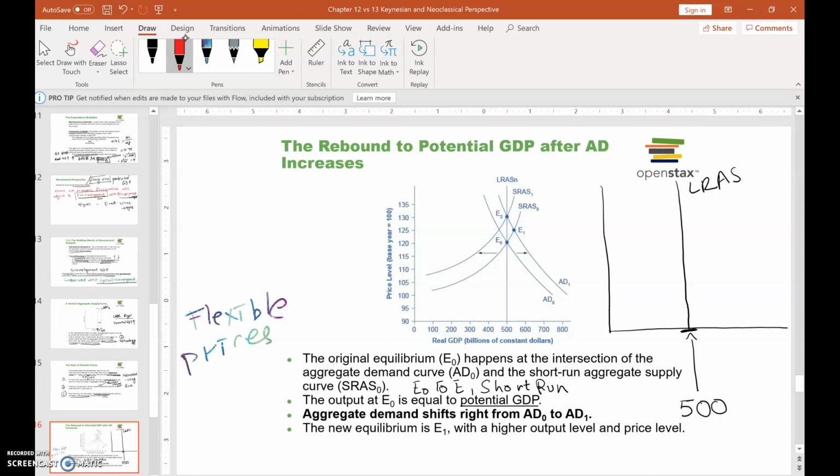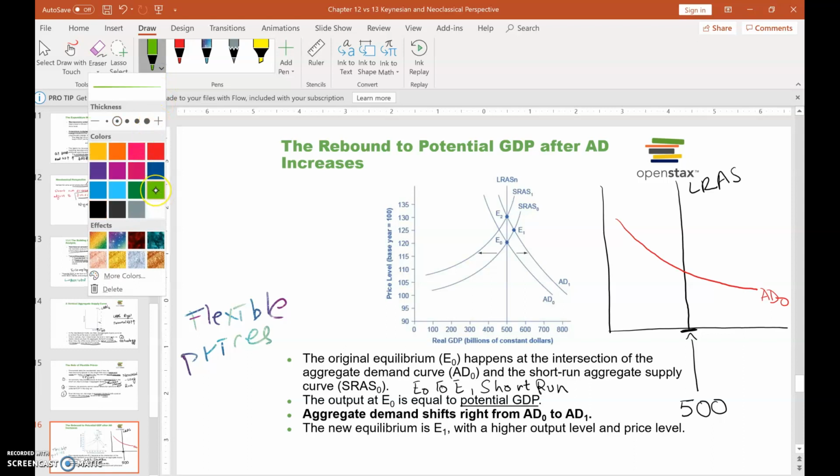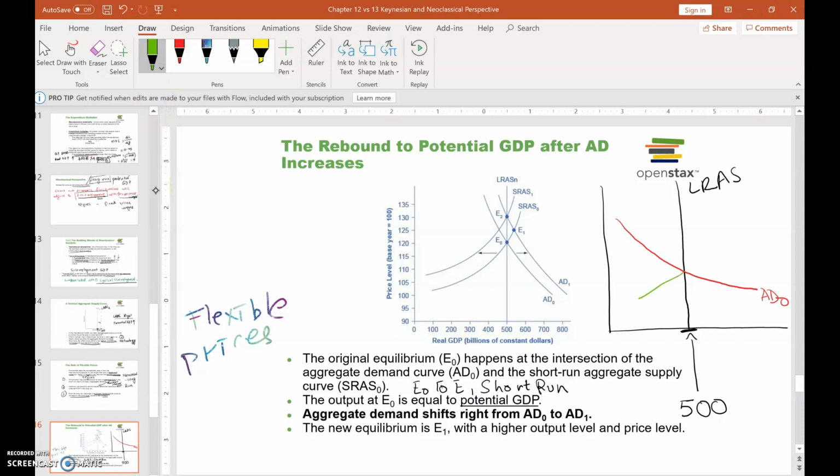Now let's draw a downward sloping aggregate demand curve. What are we missing here? We are missing the upward sloping aggregate or short-run aggregate supply curve.